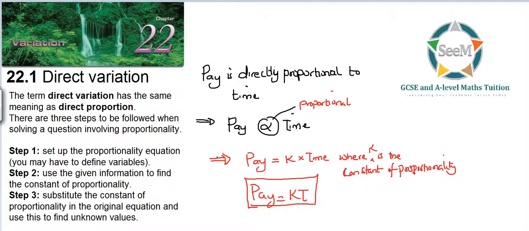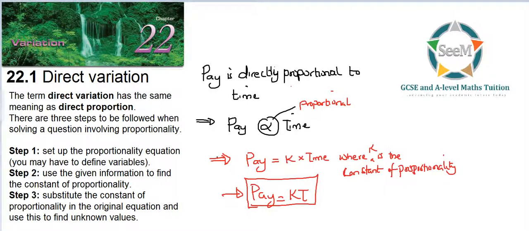But how do we solve a problem like this? There are three steps to follow when solving a question involving proportionality. The first is to set up a proportionality equation, which I've done here. You may have to define some of the variables if you're not given them.